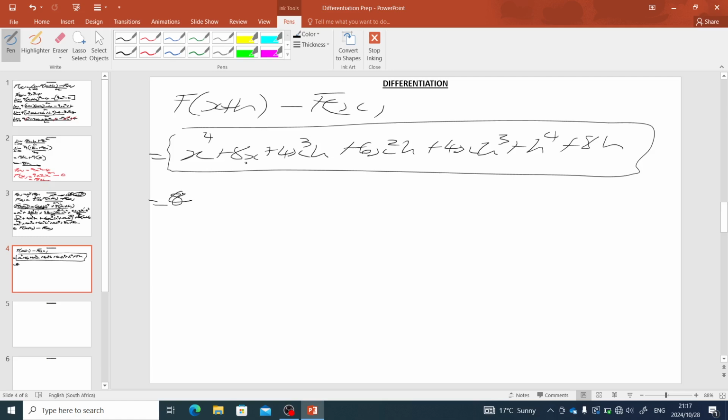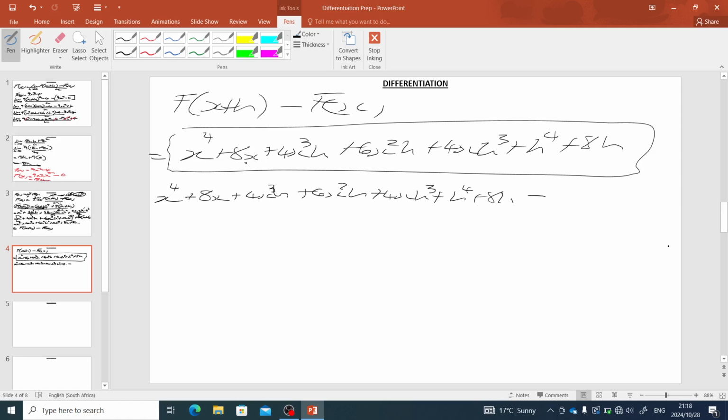It is x to the power 4 plus 8x plus 4x cubed h plus 6x squared h plus 4x h cubed plus h to the power 4 plus 8h minus, what is f of x?